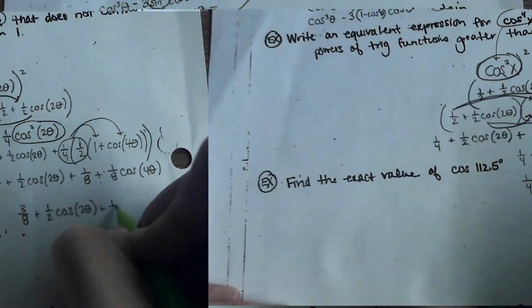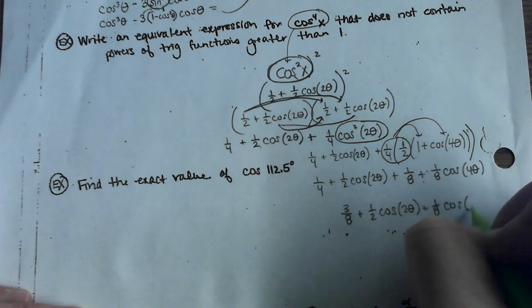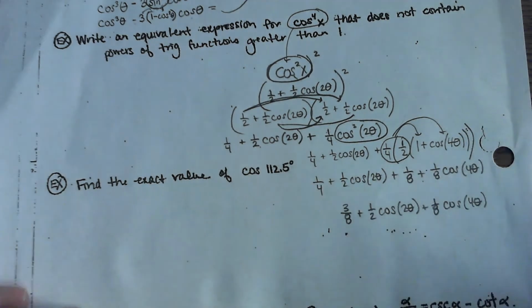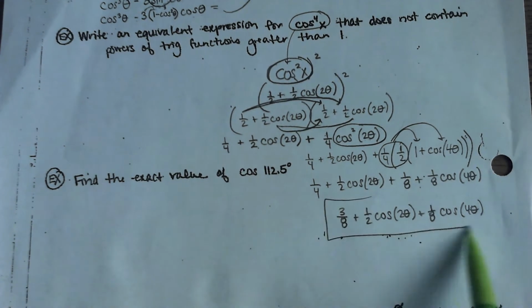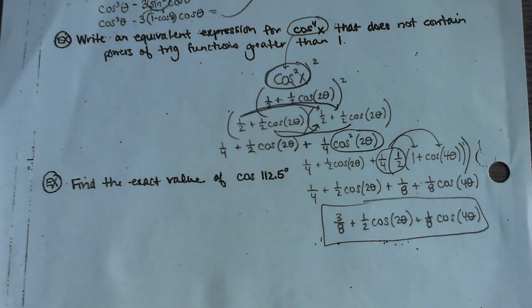There is definitely an opportunity to use a double angle, but it doesn't tell us that we have to simplify this completely. It just says rewrite it so that there's no powers. And so we don't have any powers. There's no need to use the cosine of 2 theta. In fact, we probably wouldn't want to, right?